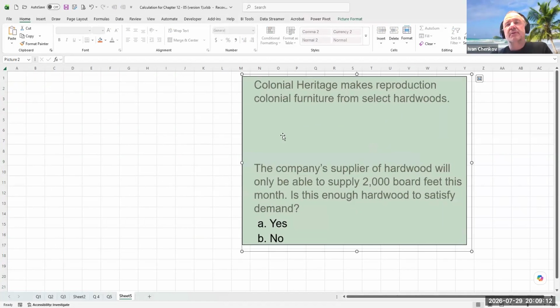The company makes colonial furniture from selected hardwoods. The company's hardwood supplier will only be able to supply 2,000 board feet per month. Is this going to be enough to satisfy our demand? Before we answer this question, we have to see the information given in the Excel spreadsheet, which will be presented to you in a second.